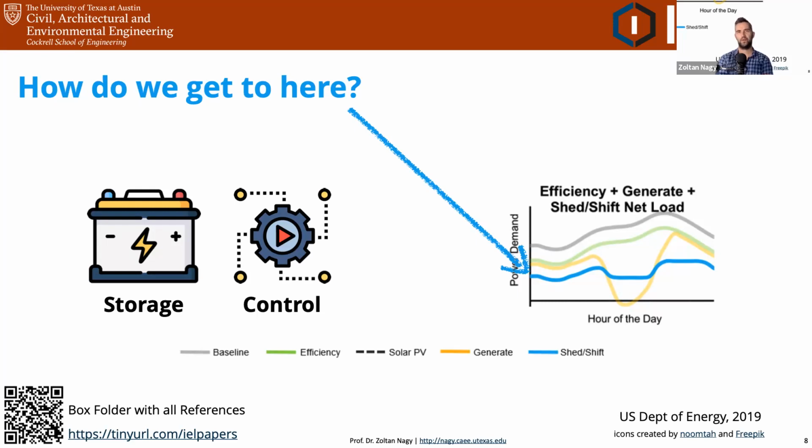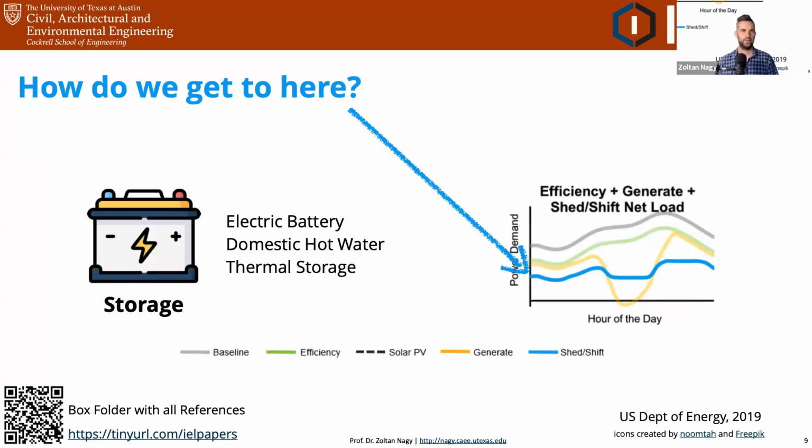And at the same time, when you have control, then you can make decisions under what optimality conditions you want to store that energy and release that energy. There are different ways to do energy storage. There are electric batteries, or more recently EVs in V2G or V2H applications.